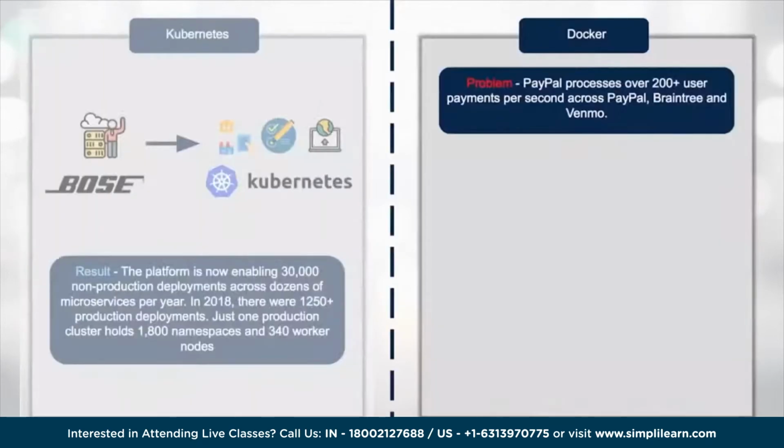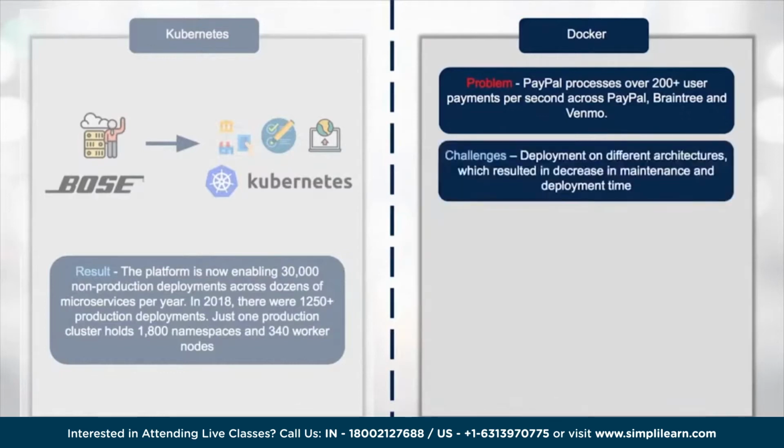Now let's have a look at Docker and see a similar problem that people would have. The problem is with PayPal, and PayPal processes something in the region of over 200 payments per second across all of their products. PayPal doesn't just have PayPal, they have Braintree and Venmo.